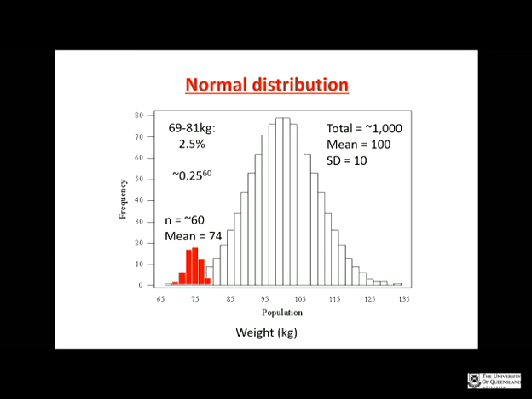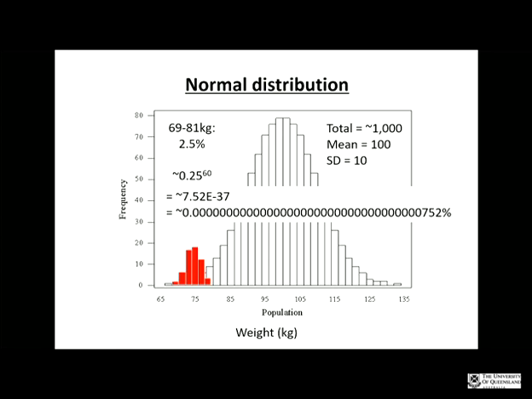If you say, what's the chance of selecting 60 people in that sample in that range? We know from before that it was a chance of 2.5% of selecting one person. So what's the chance of selecting 60 people? It's 2.5% by 2.5% by 2.5% and so on, so you end up with 0.025 to the power of 60, which, if you're wondering, is very small.